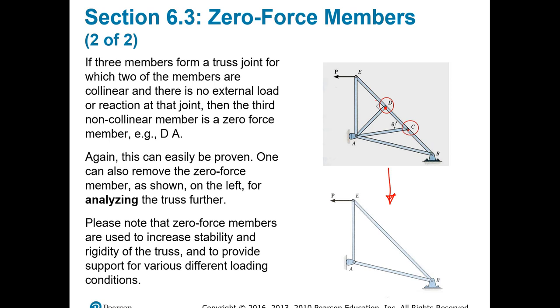Because of that, you can easily remove them for studying purposes. They were added to add more stability, but at the end of the day, you can remove them in order to do your calculations. It's basically the same thing that we just talked about in the previous slide.